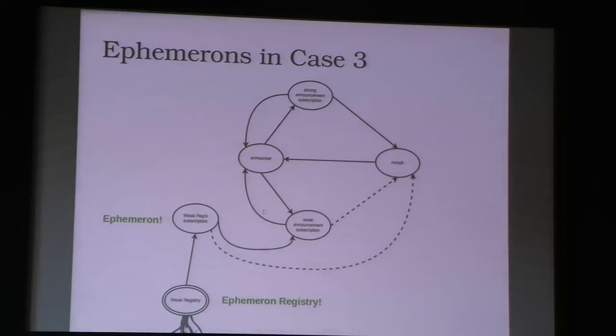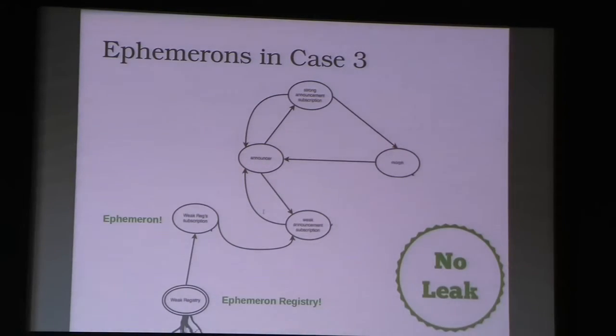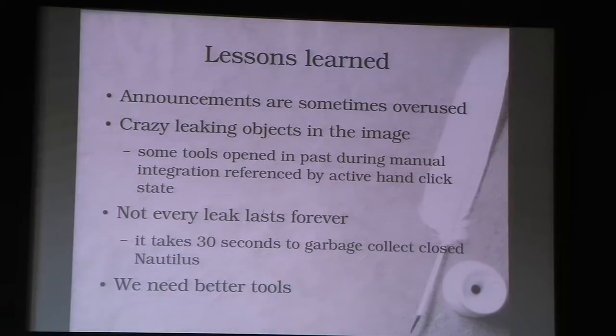If the subscription in this weak registry is an Ephemeron, then after garbage collection of this path, no leak will appear. That's because the Ephemeron will have the possibility to unsubscribe itself from the registry, and all this object graph will disappear. As I said, this slide is not very good for describing it, so let's skip it.